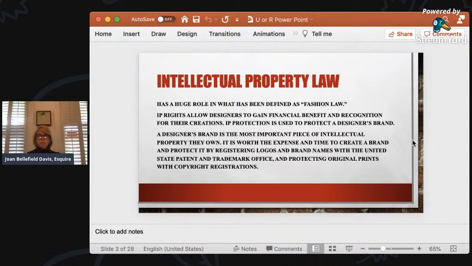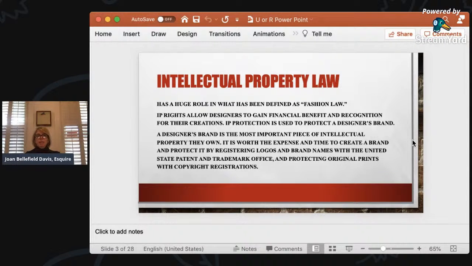I know that most of you are students or practitioners there in India. So I'm going to try to explain to you in a way that you can understand how we use intellectual property to protect fashion designs in the US, which will become important to you as you're crossing the lines and practicing in the US.